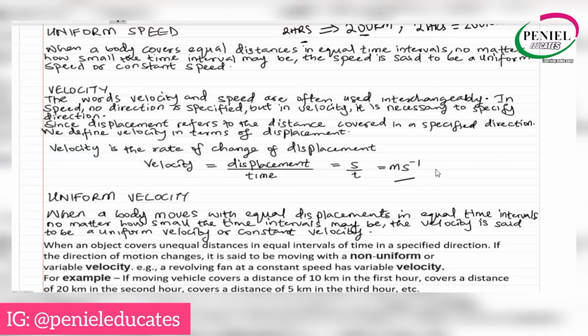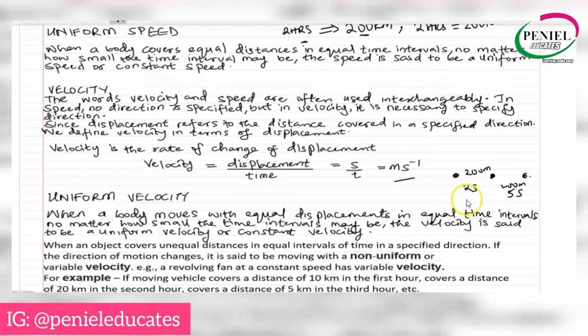So when a body moves 200 meters from here to here, then again 200 meters from here to here, in equal time intervals, that is a uniform velocity.